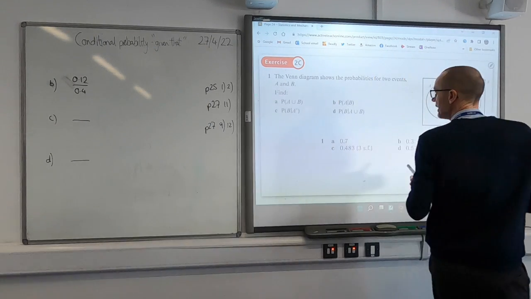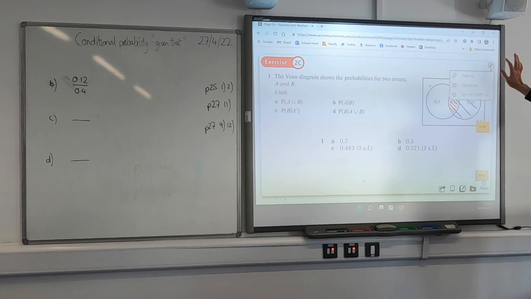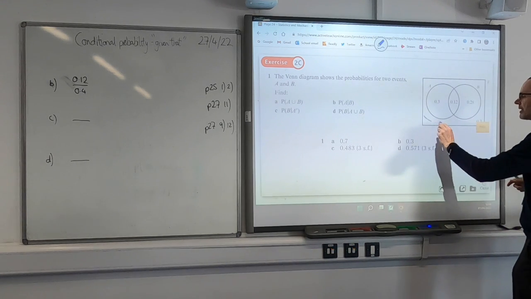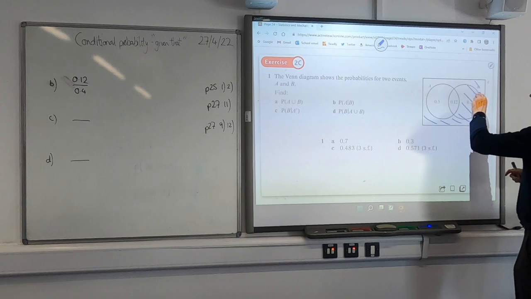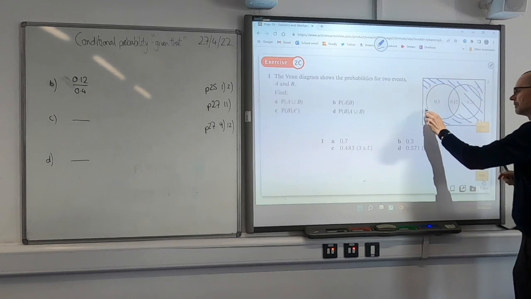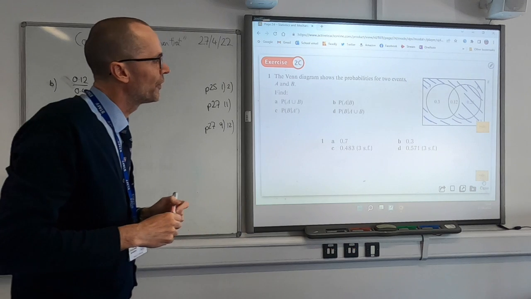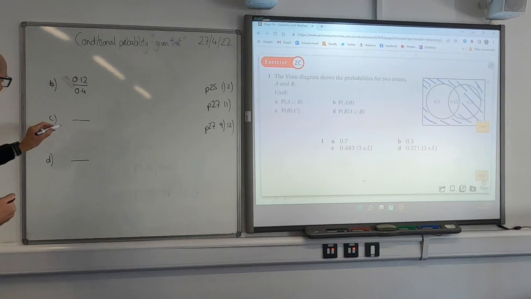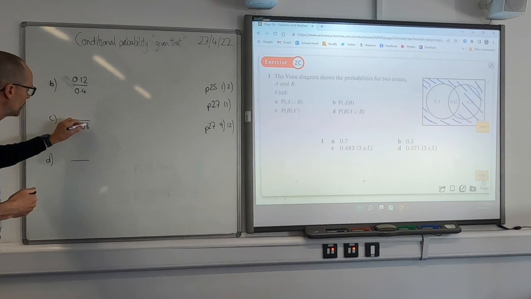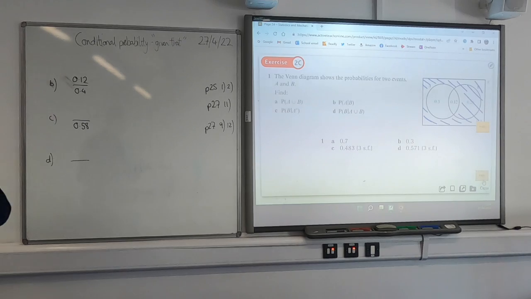In C, A hasn't happened. Given that A hasn't happened, so what we're talking about is that. So that's 0.58. So that's my denominator. Just like if you say we roll a dice and it's an odd number, we know our denominator is 3.